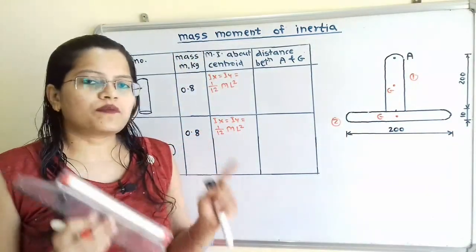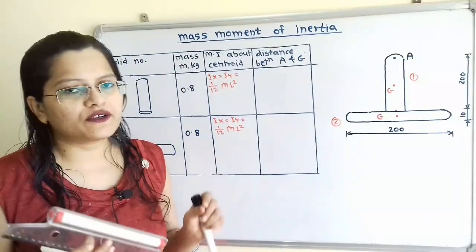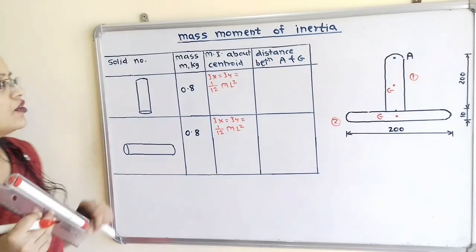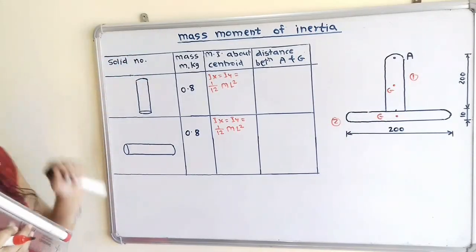To find the mass moment of inertia using the parallel axis theorem, we will prepare a table. The first column is the solid number.